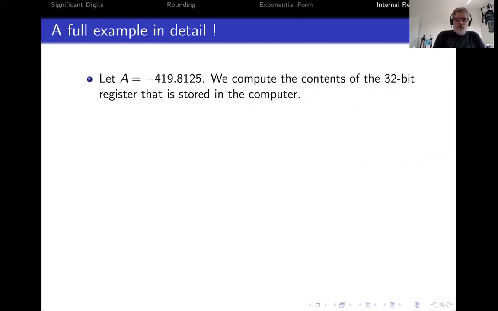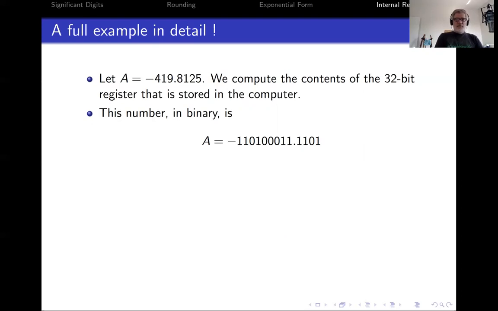And I want to know exactly what the contents of the 32-bit register in the computer will be for that number. That's what I want to know. Okay, so this is written in decimal, so obviously I need to write that in binary. In theory, you guys know how to do this. Just paper, pencil, you can do it.